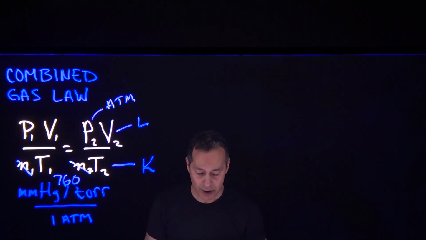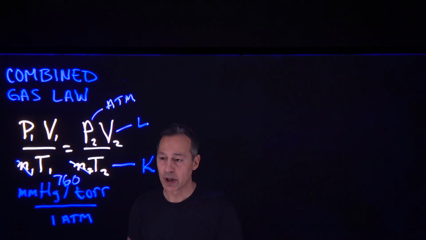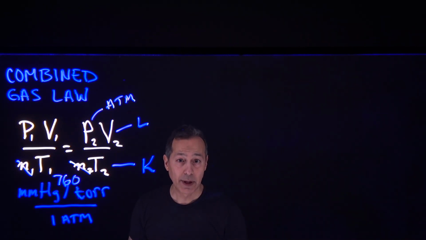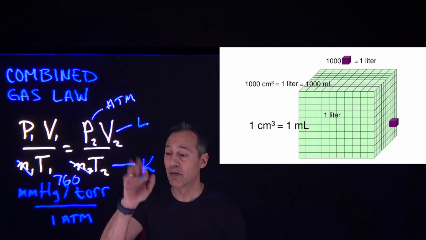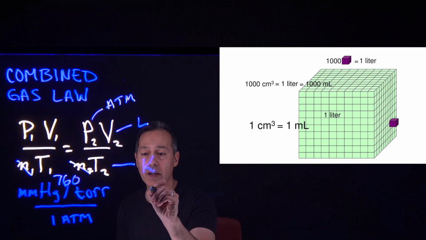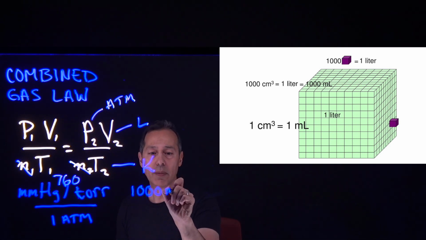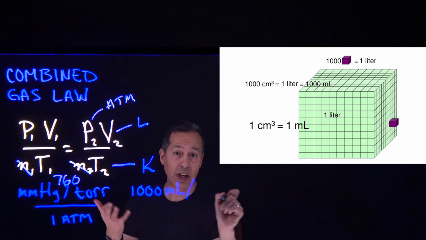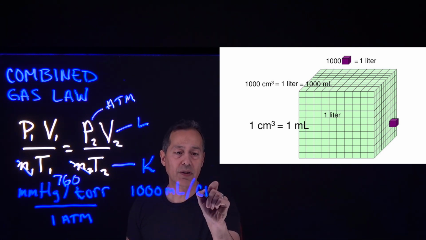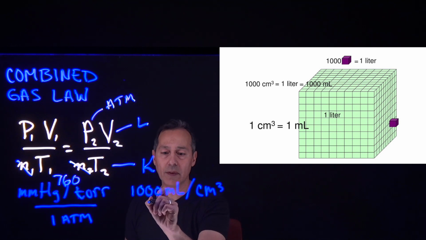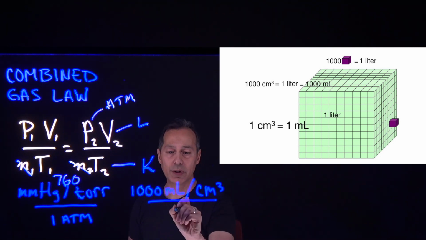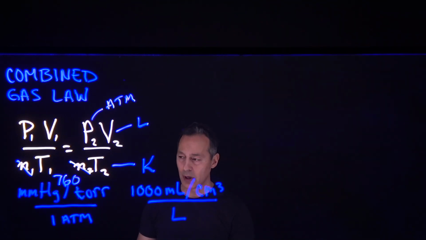And the other conversion that we often run into is milliliters and cubic centimeters for volume. 1,000 milliliters, which is the same thing as a cubic centimeter, is equal to a liter.